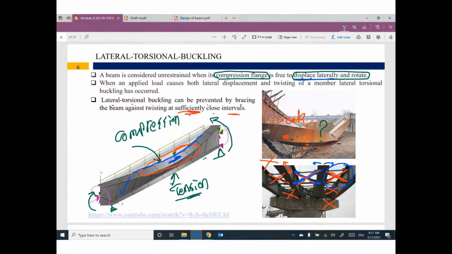If the top flange or the compression flange displaced laterally, the cross section or the beam will rotate. So this is called torsional. And then buckling will happen. If this phenomenon happened, that means the beam is not efficient to support load. We can overcome this issue by using these bracing.